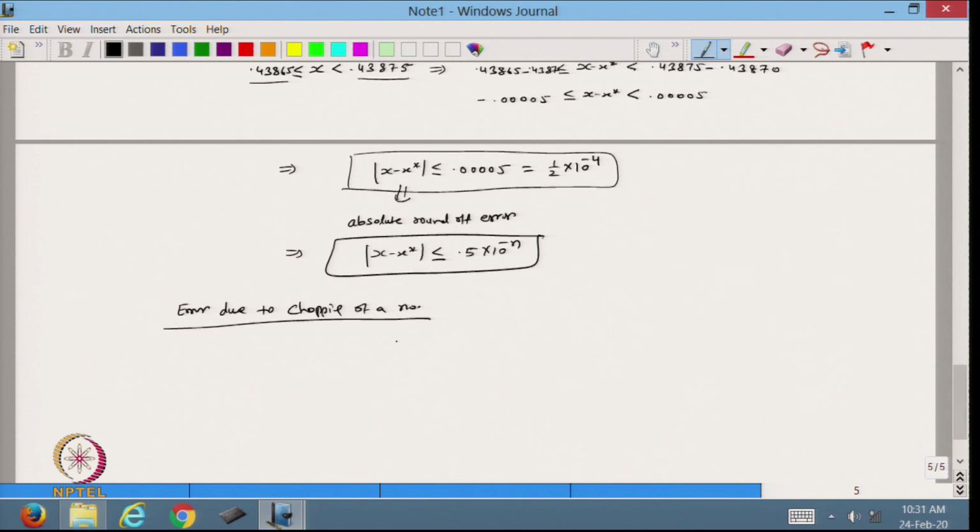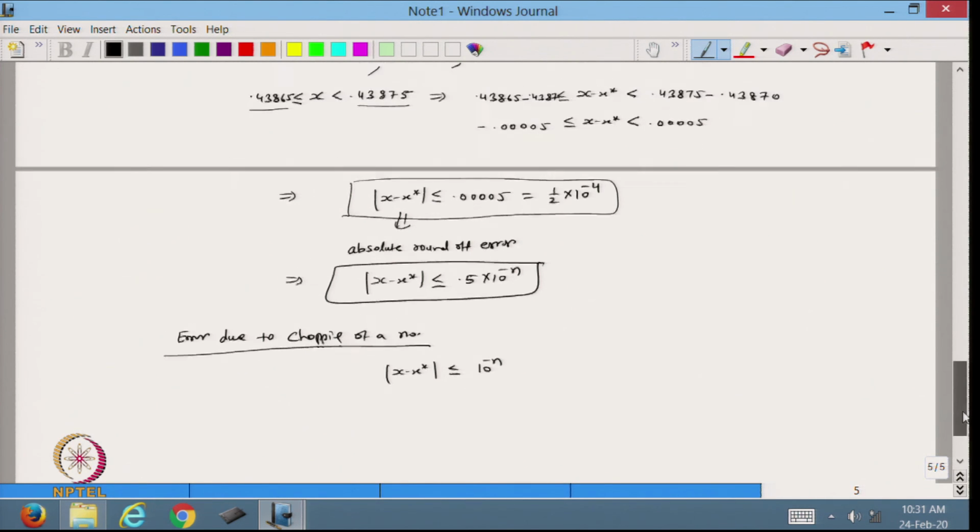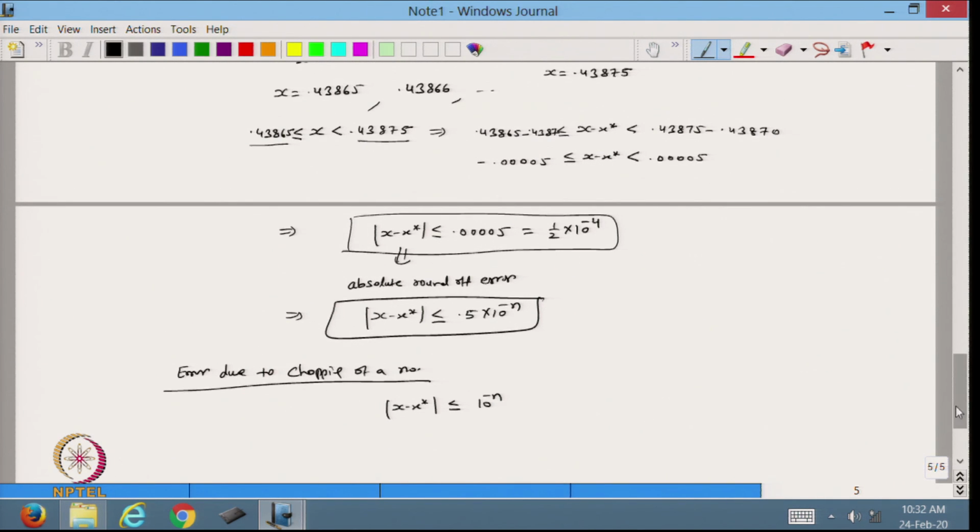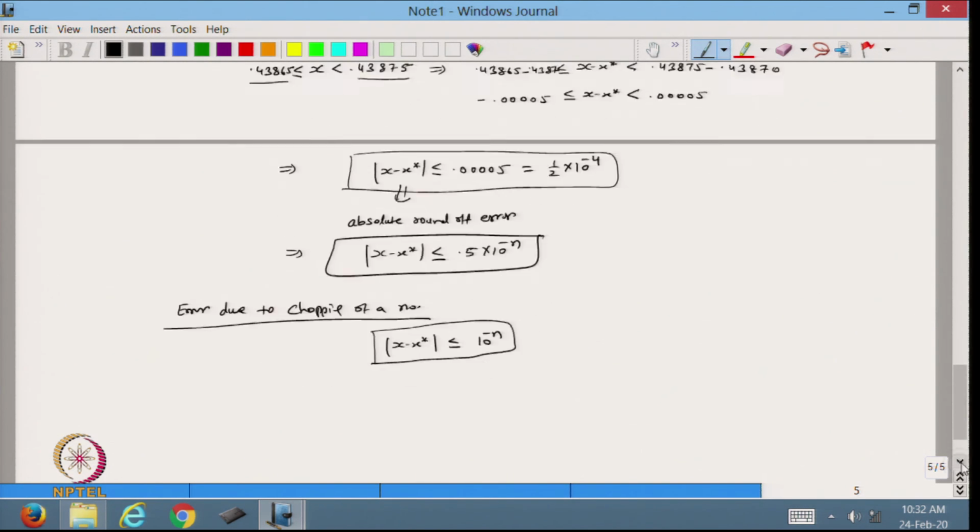So, in this case, my x minus x star will always be less than 10 raised to power minus n, because 0.5 will not come, because we are not increasing the number by one digit. So, in this case, my chopping error will be this one. That is the error due to the chopping of a number.